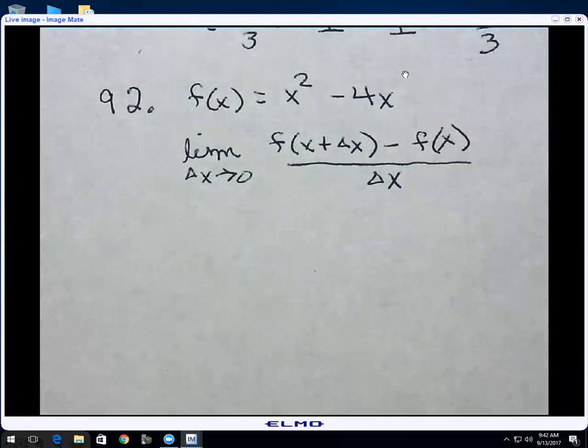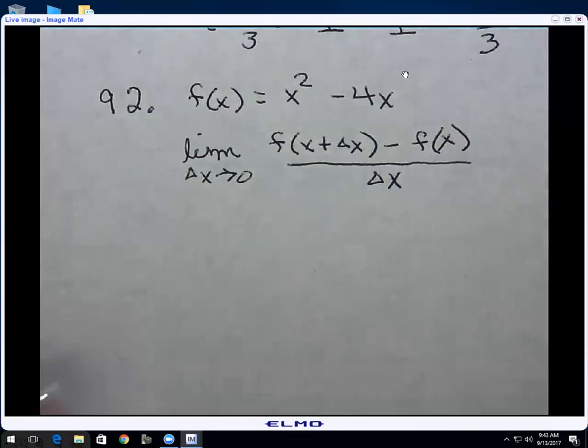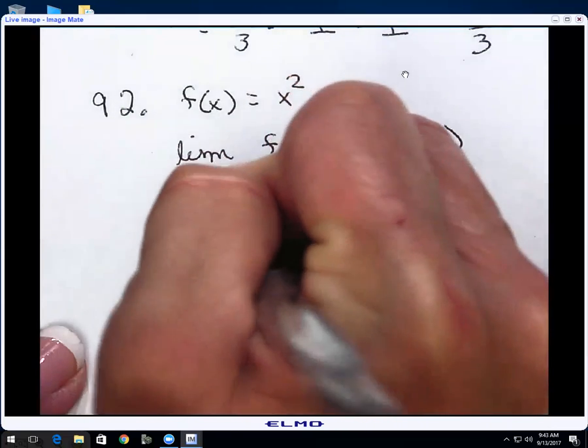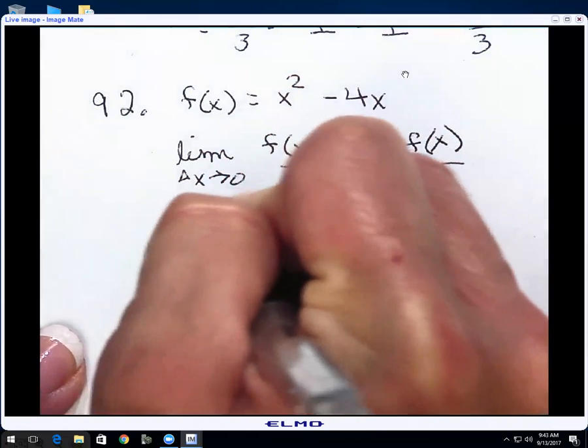What does f of x plus delta x mean? What does f of duck mean? Substitute duck where. Put the duck everywhere there's an x. That means put the x plus delta x everywhere there's an x in the function. Don't lose your limit notation until you evaluate the limit.